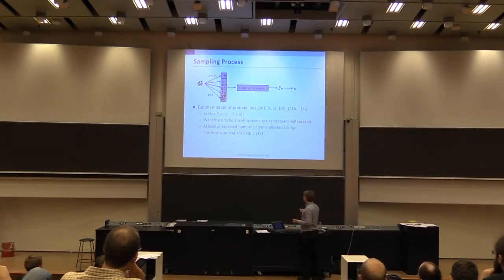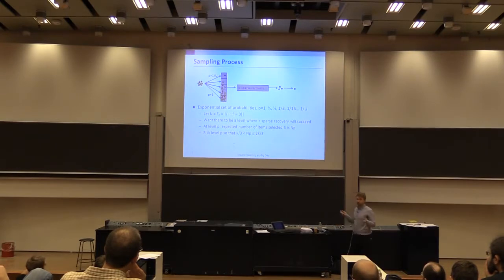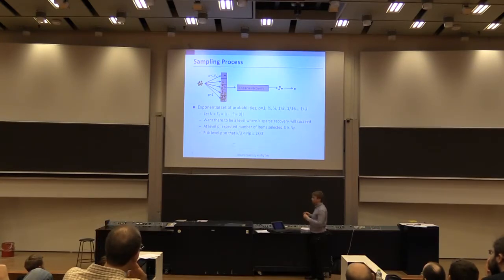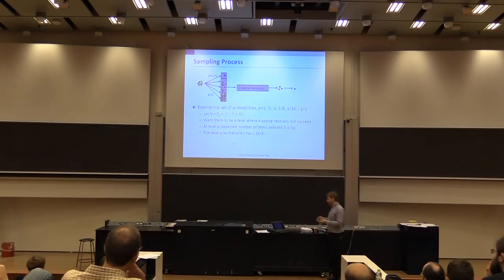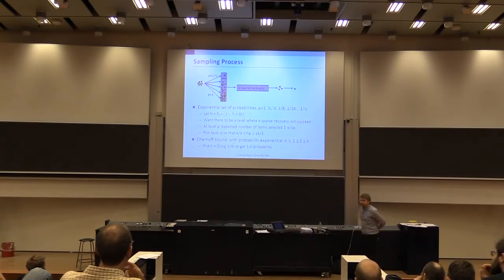And I'm going to be reasonably happy so long as I pick a value of p so that between, let's say, 1/3 and 2/3 of the elements actually make it through. Right? So what I mean is I have my expectation, and I want to say, well, I'm within half my expectation and twice my expectation. The bad event is I get 0 or I get more than k. And this is something where I can apply a Chernoff bound.